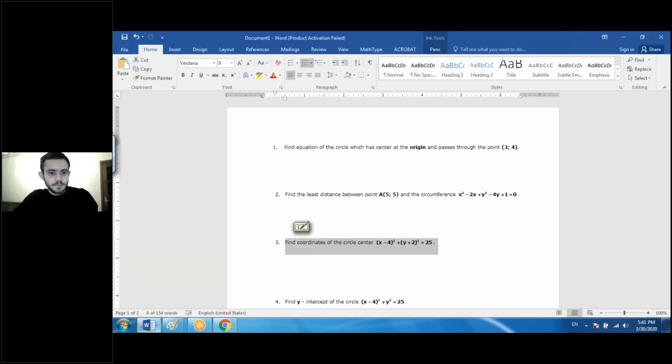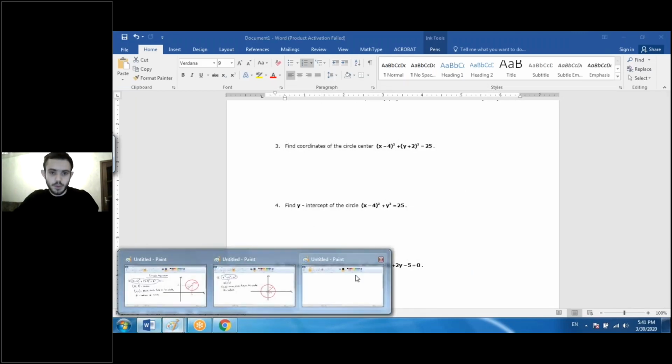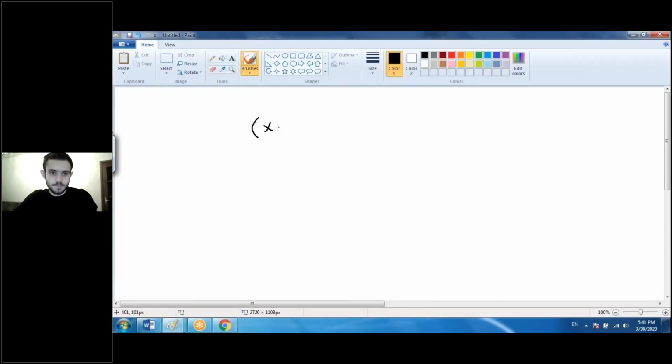Next example, find y-intercept of the circle. X minus 4 squared plus y squared is 25. Whenever we look to find the y-intercept, we'll keep in mind that x must be equal to 0. So I will substitute 0 instead of x here.